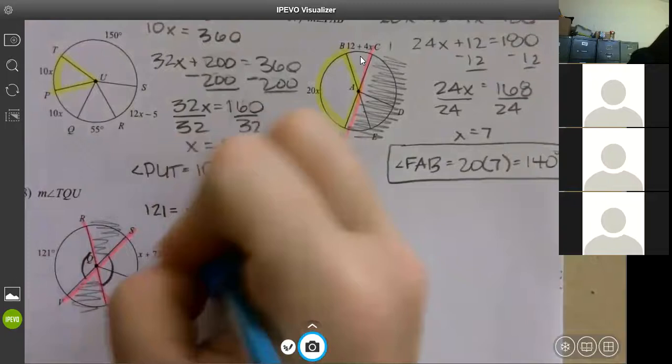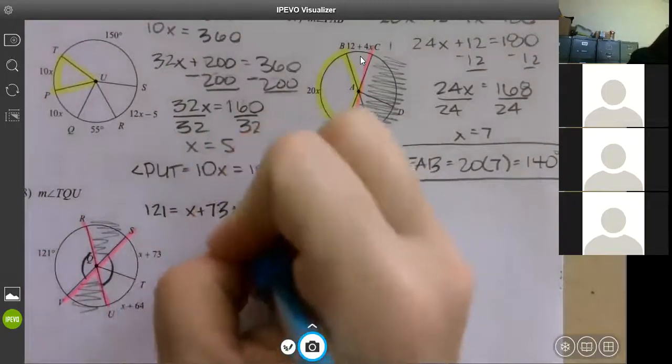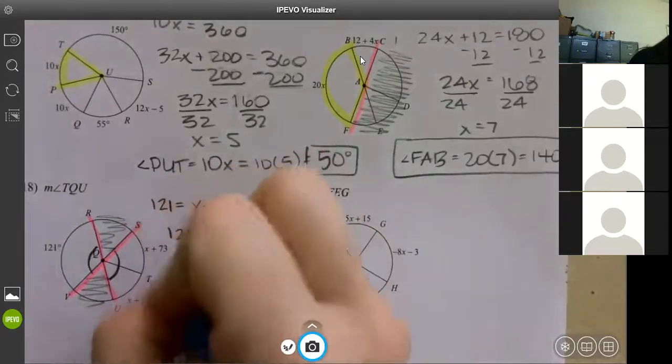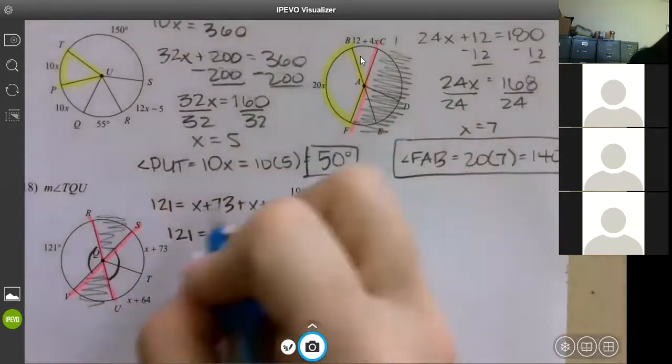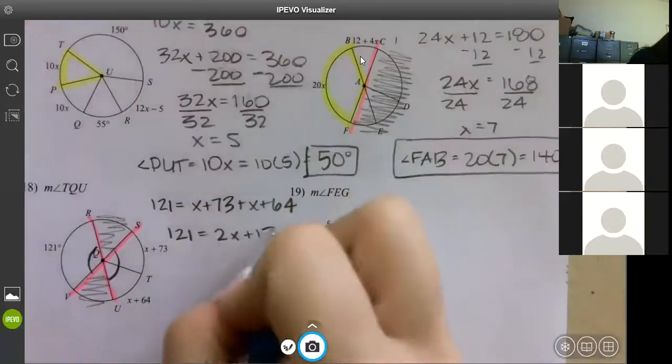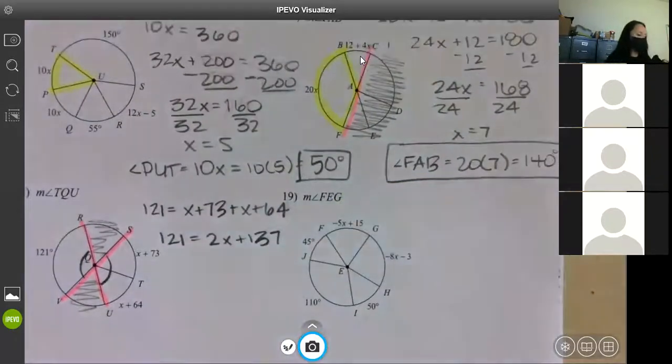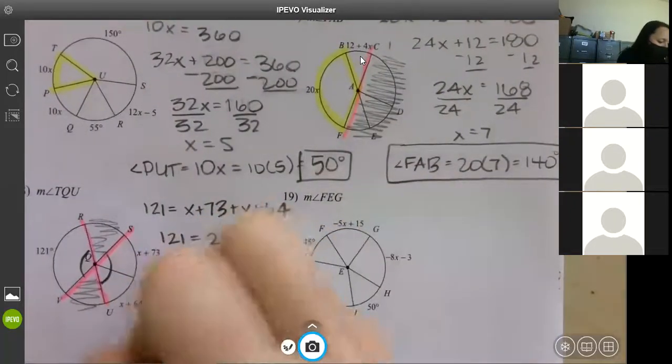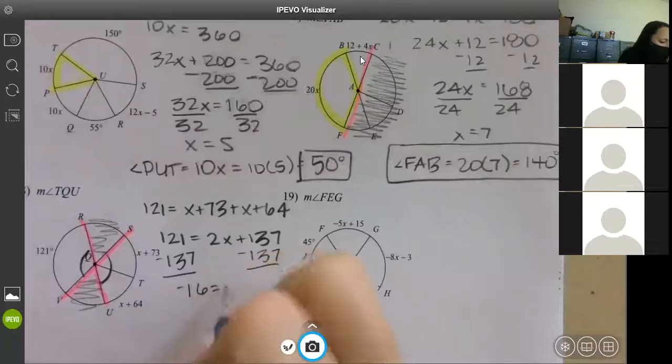121 is the same as x plus 73 plus x plus 64. So this is the first one that we've not had equal to 360 or 180. They're actually equal to each other. All right, we have 121 equals 2x plus 137. We're going to subtract 137, and we get negative 16 equals 2x.